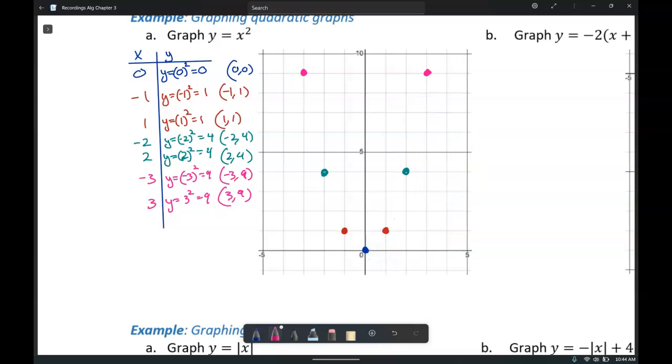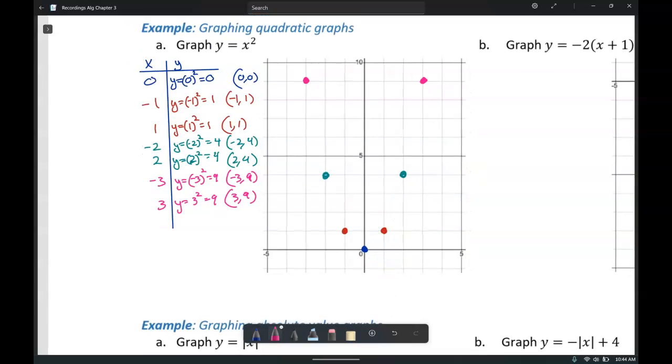And that's because quadratic graphs are what's called a parabola, which is a U shape. And so you'll see that the graph actually does this bend as it passes through these points continuously and forms this U shape throughout the graph. So parabolas are going to be a U shape as we continue in that pattern.